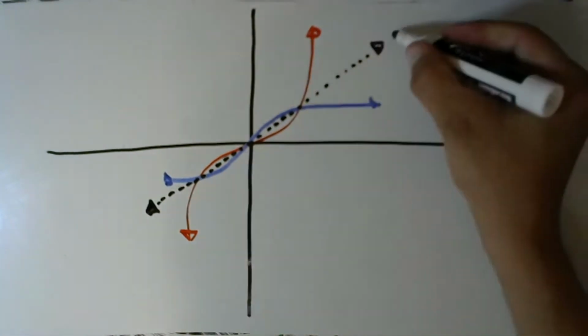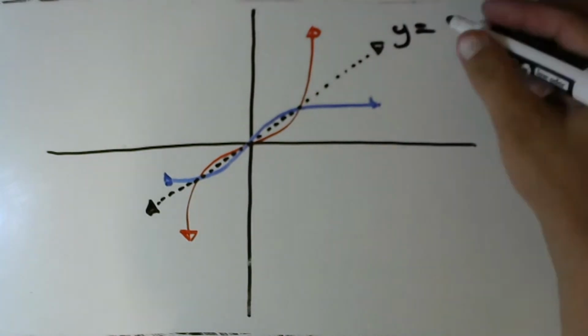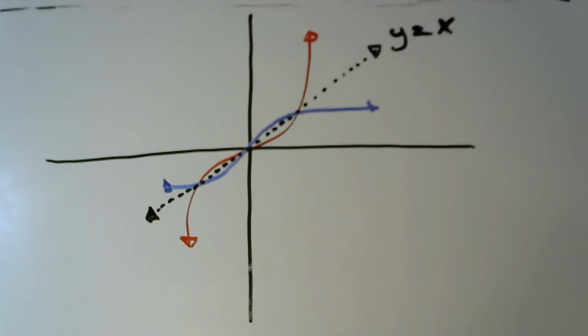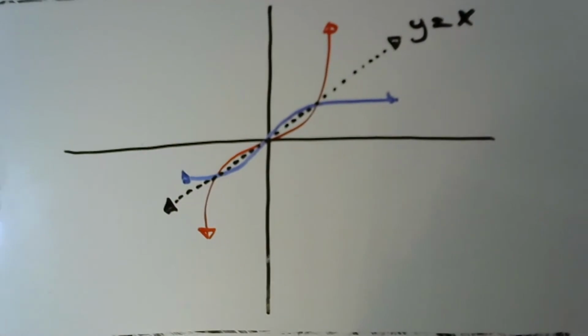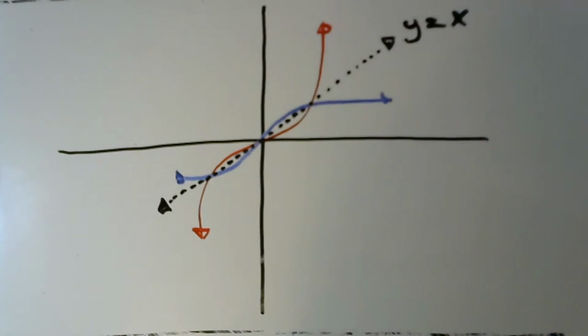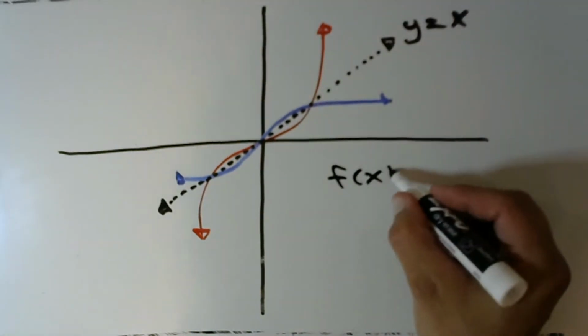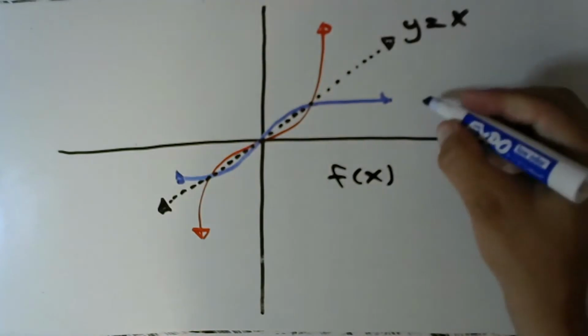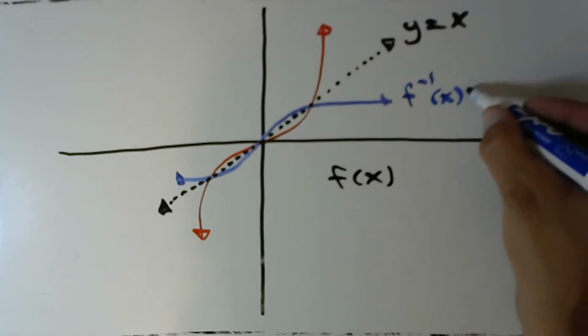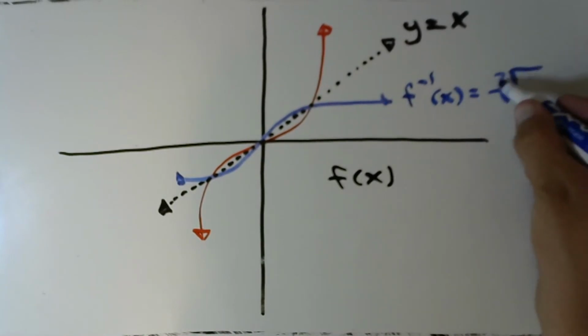And what we're going to find, now this line I just drew, this is y equals x. And what you see is these functions are symmetric along that axis, y equals x. So in other words, f of x, and here I better label these functions. This is f inverse of x, the cube root of x.